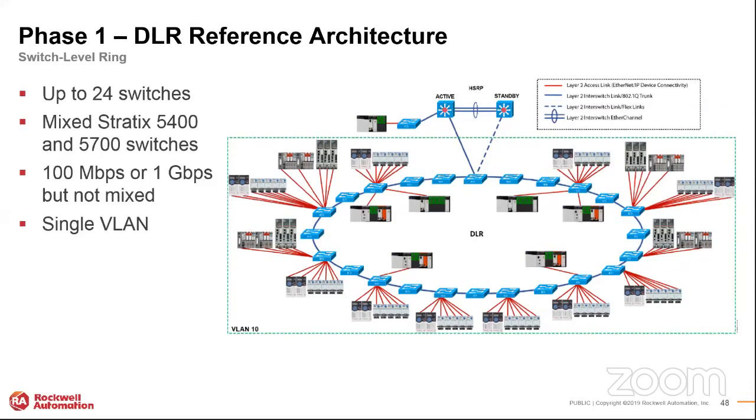The published limit has typically been 50 devices in a device level ring. With a switch level ring, we can tie off a lot of other equipment into the ring through the switches, all the way up through perhaps a full Class C subnet, 250 devices, into this ring.